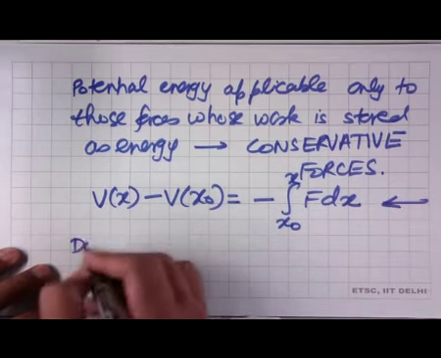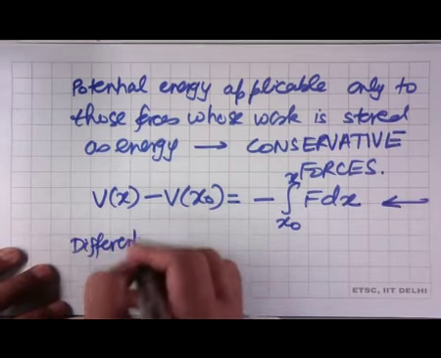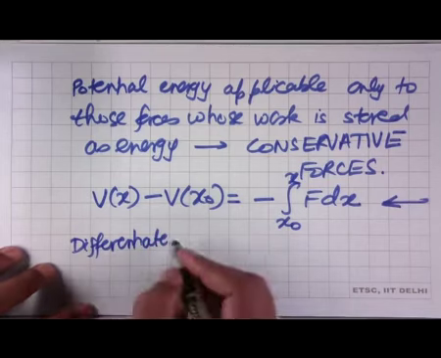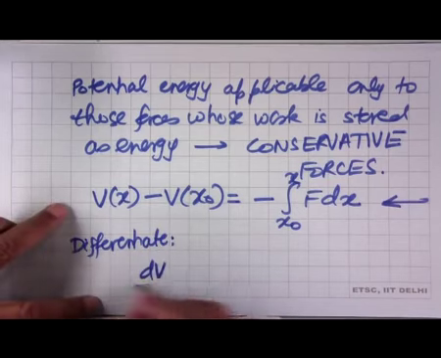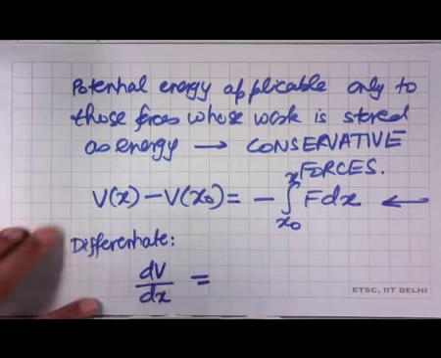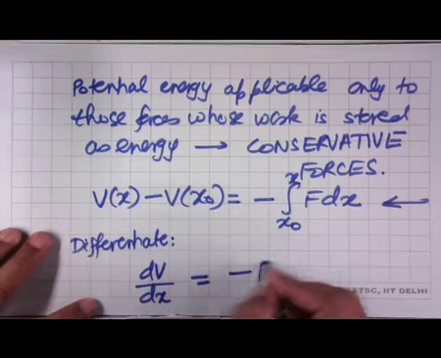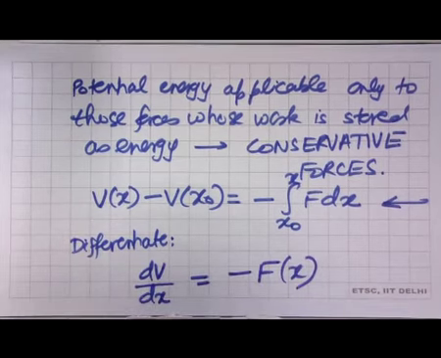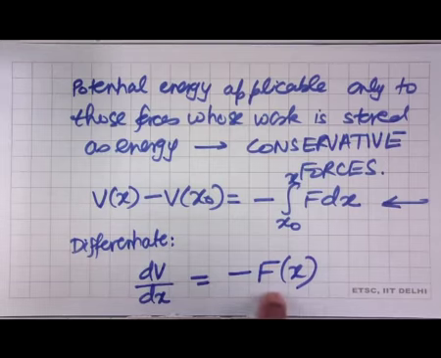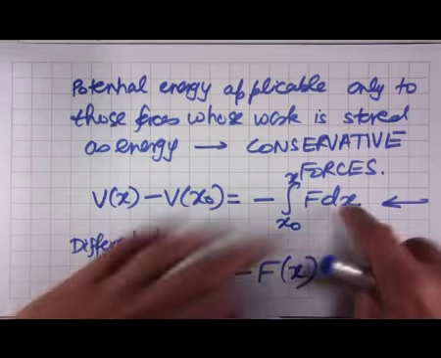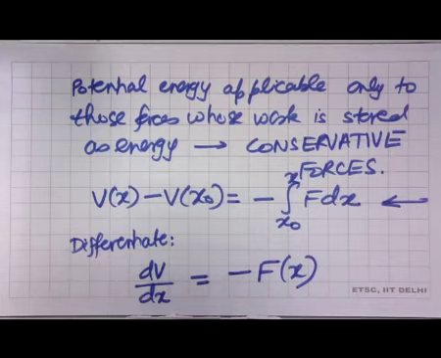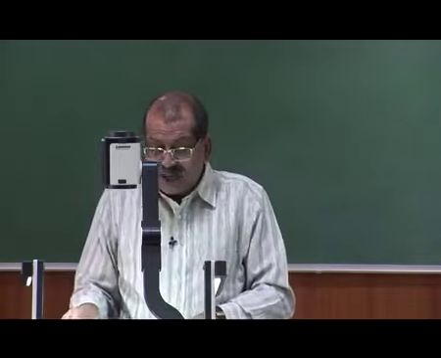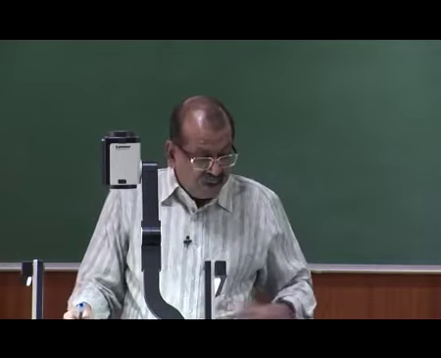If we differentiate this expression, then we get dV by dx is equal to minus f of x. So, this is in some sense an inverse relation. If we know f of x, the integral of f gives us the potential energy. If we know the expression for potential energy and we differentiate that, we will get the expression for minus f.